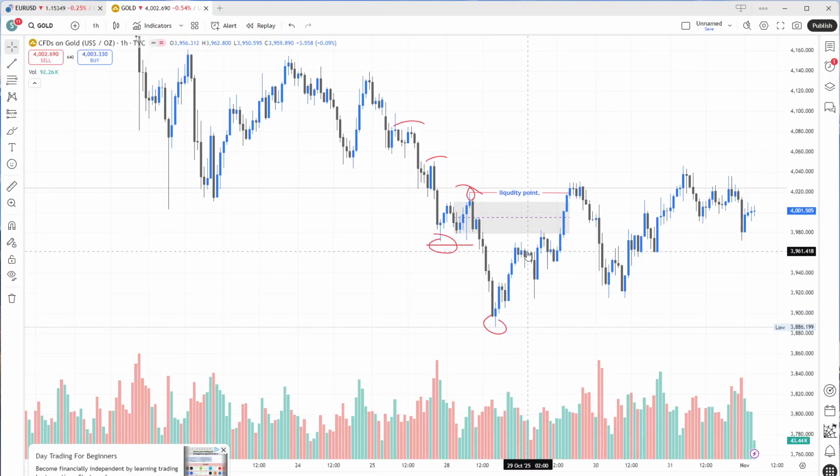After this point, we see that there are basically order flows right here. We also see price inefficiency right here that failed. Right here, it failed. It came down. So what we can see, let me go down to the lower time frame.